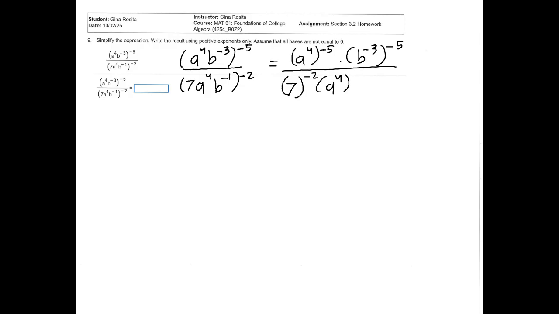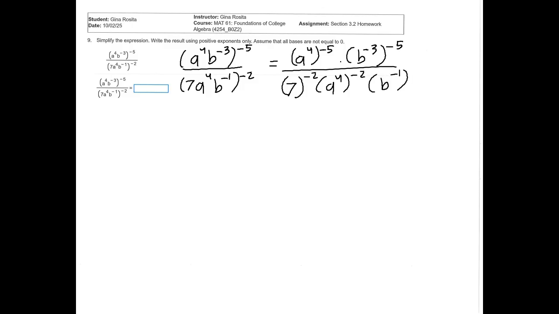Okay, so you do it one by one. So now look at the numerator first. So I put a to the 4 times negative 5, times b to the negative 3 times the exponent negative 5, over 7, the power is negative 2, a to the 4th, the power is negative 2, b to the negative 1, the power is negative 2. Now we're going to solve this one.